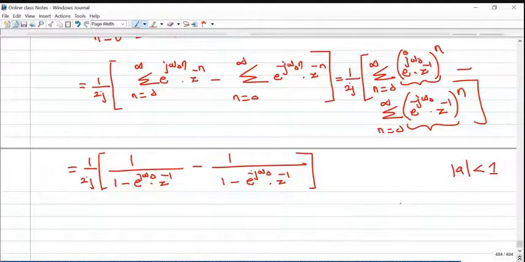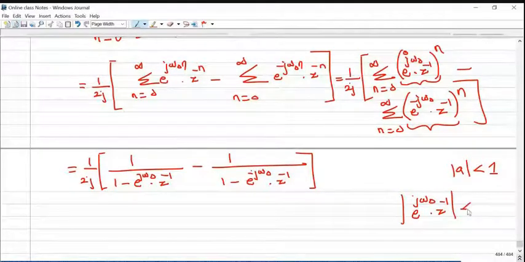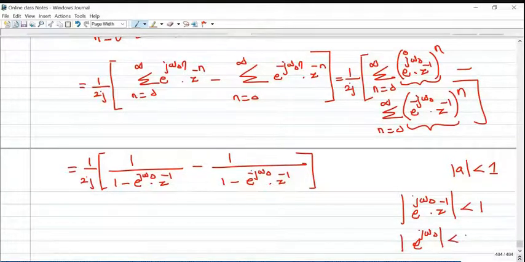So for the first term, e power j omega naught z power minus 1 modulus less than 1. Or otherwise we can write it as e power j omega naught less than modulus z, right? E power j omega naught divided by z, if you go to the right side, z.